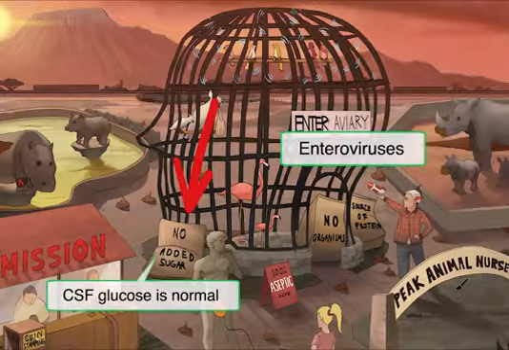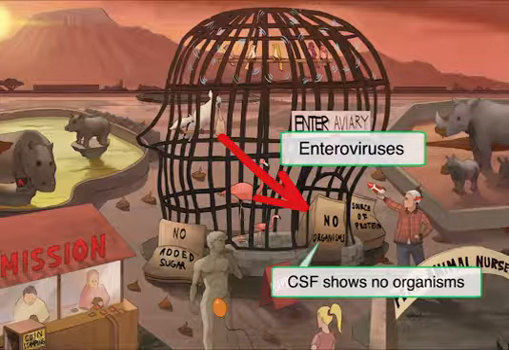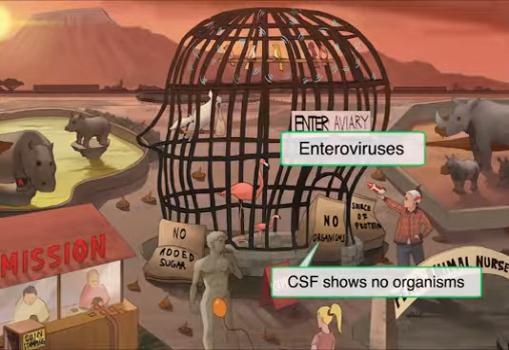So the first bag says the food has no sugar added, which means that glucose levels in the CSF will be normal. It also says there are no organisms in the food, which means that the CSF is aseptic, or without bacteria.